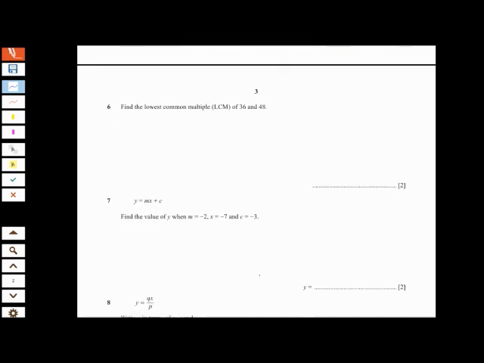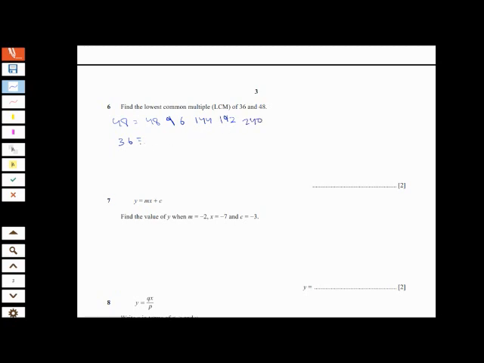Alright, now question 6. Find the lowest common multiple of 36 and 48. Now you list the multiples of 48 and the multiples of 36. Multiples of 48: 48, 96, 144, 192, and 240.